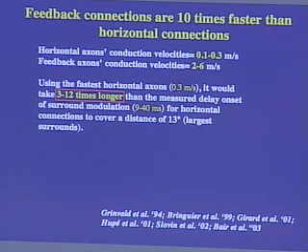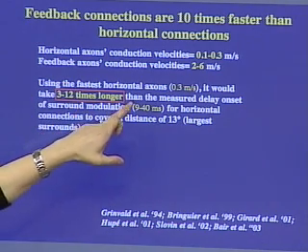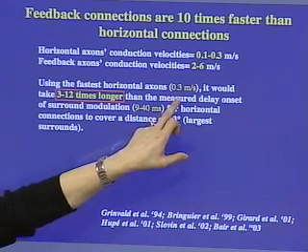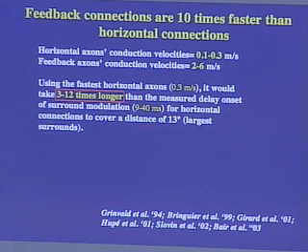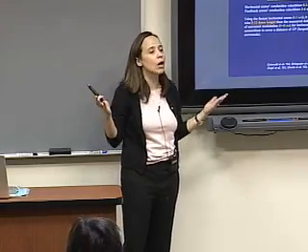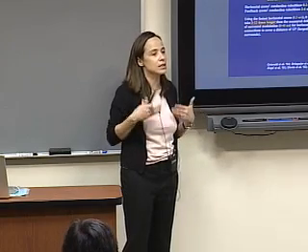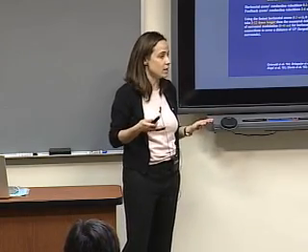If you do the right calculations, you can figure out that even using the fastest horizontal axons, which conduct at 0.3 meters per second, it would take 3 to 12 times longer than the measured onset delay of surround modulation for horizontal connections to cover a distance of 13 degrees, which is the largest surround field that we measured. So they would take too long to account for the onset delay of surround modulation, which is very fast.